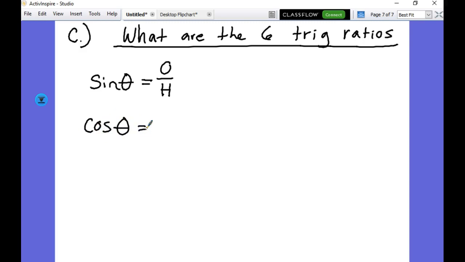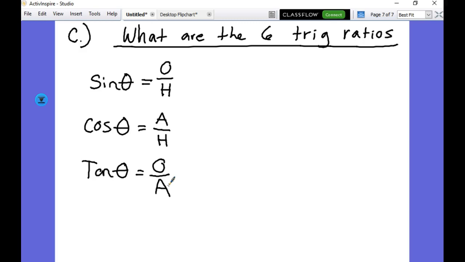Cosine is adjacent over hypotenuse. Tangent is opposite over adjacent. Yes. So H is hypotenuse, A is adjacent, O is opposite. So sine is, well, I'm not going to say it again, it's up there, but you guys got it.